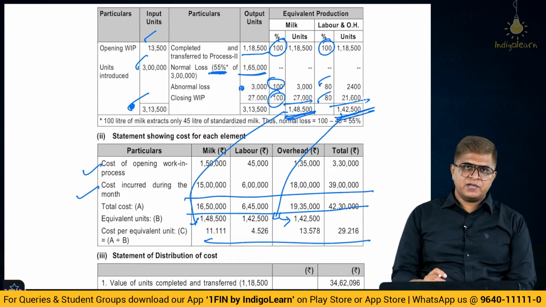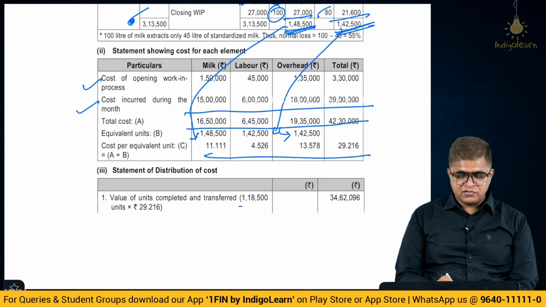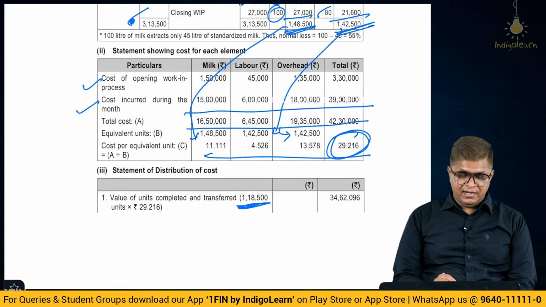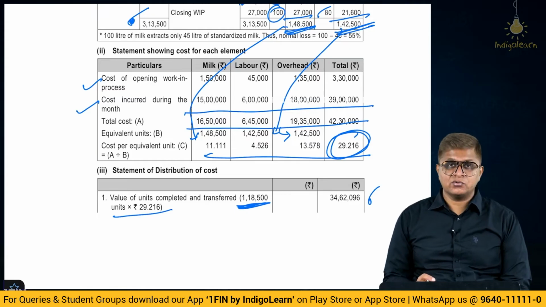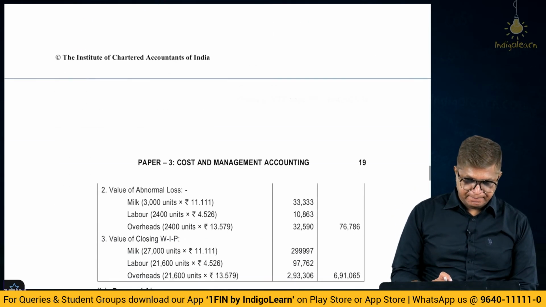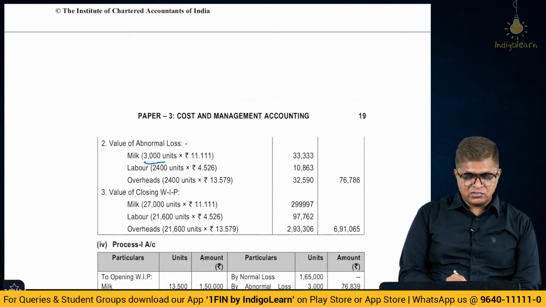Once we have this cost per equivalent unit, we can prepare a distribution summary. So for goods transferred, 1,18,500, we can take the total cost of 29.216. So 1,18,500 into 29.216, we get 34,62,096. For abnormal loss, we will take milk 3,000 equivalent units.